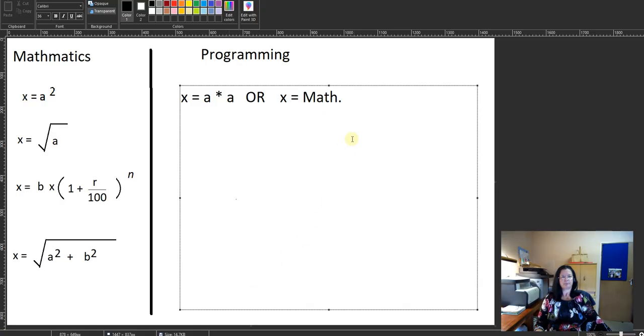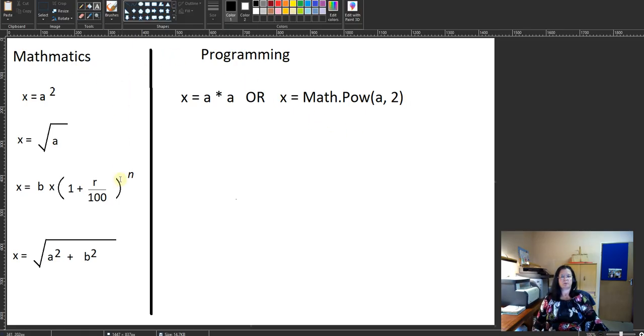Math.power, and I need to give it two numbers, a to the power of 2. So any one of those would be fine.